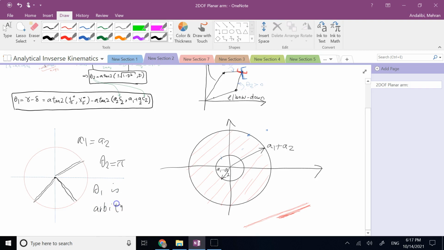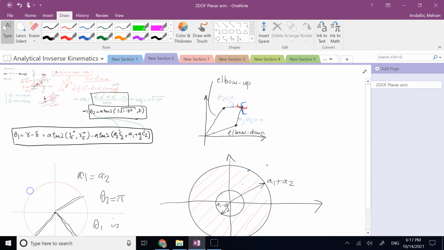And arbitrary means infinitely many solutions. So the only case is this: reaching origin when the two members are equal size, then there are infinitely many solutions. Okay, so this is the overall analysis of inverse kinematics for 2DOF planar arm.